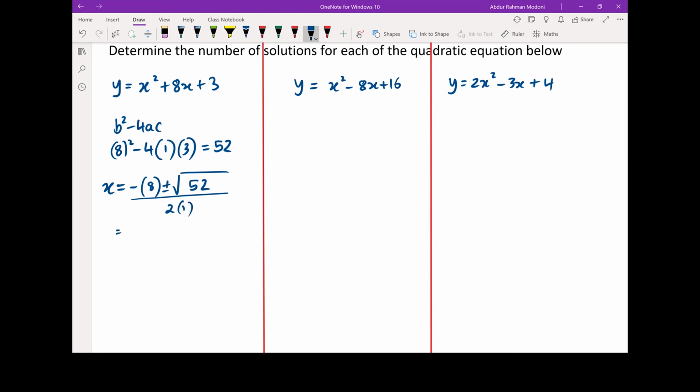So this gives us minus 8 plus square root of 52, all of that divided by 2. That gives us, first of all, I'll write it down to two significant figures here, minus 0.39, or we get x is equal to minus 7.6.